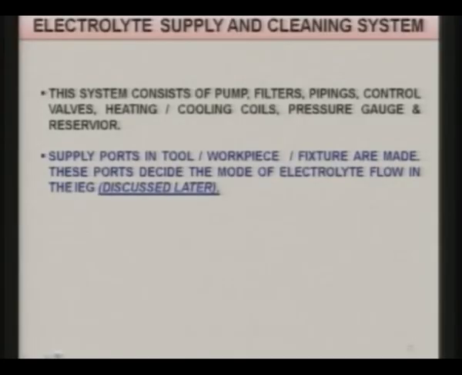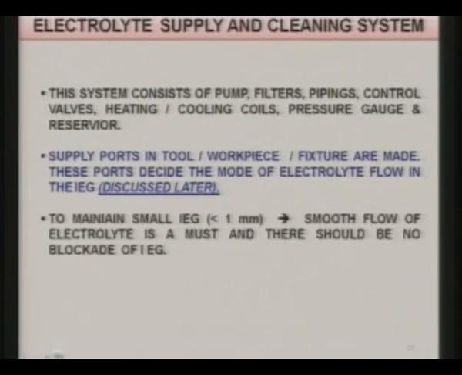These ports decide the mode of electrolyte flow in the inter-electrode gap, which I am going to discuss in the following slide. There are various modes of the flow of the electrolyte in the inter-electrode gap.